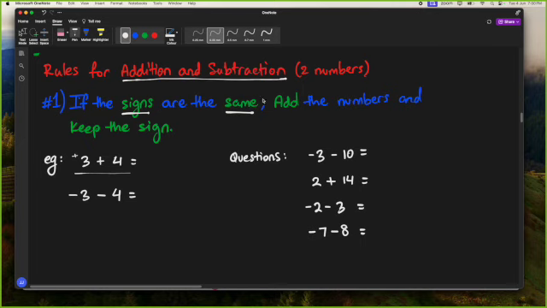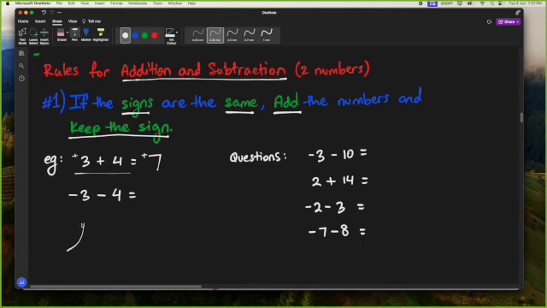When the signs are the same, all you have to do is add the numbers and keep the sign. So 3 and 4, the signs are the same, so I will add the numbers. There'll be 7. And I will keep the sign as a plus. But you don't have to put the plus. The plus is understood.